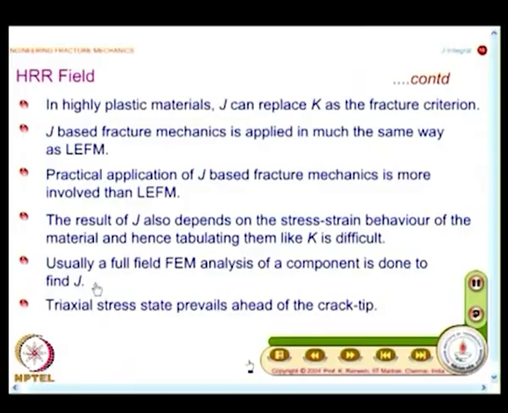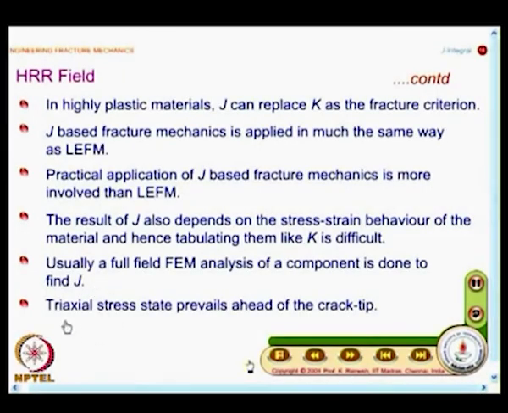Not many people get involved in that. So, you have to find out a differentiation. Are you doing elastoplastic fracture analysis and finding out J, or are you calculating J to find out K in linear elastic fracture mechanics? So, keep these two things different and understand.